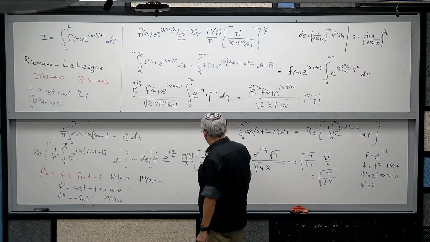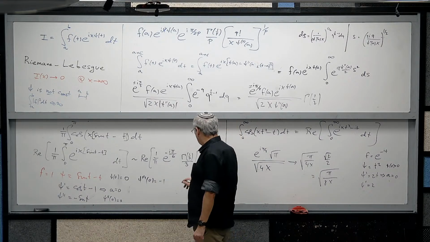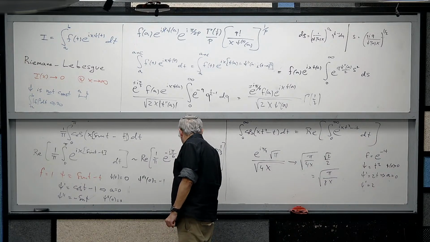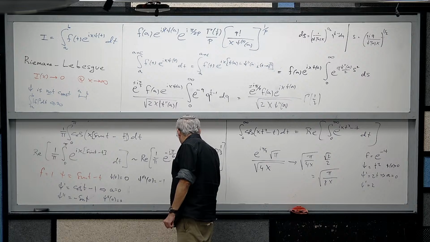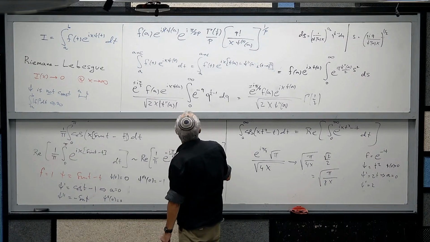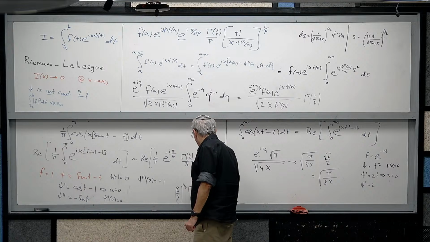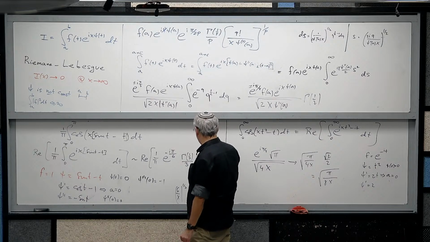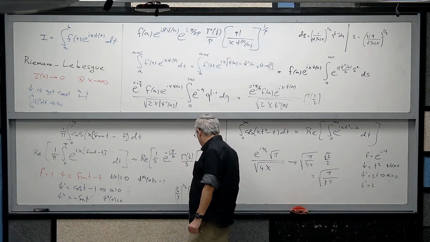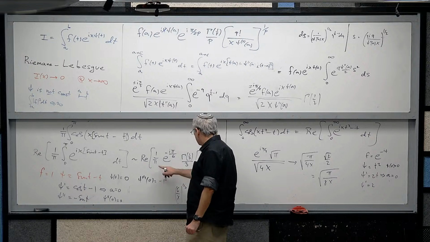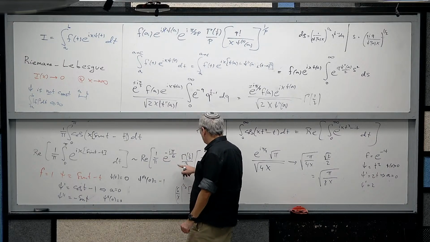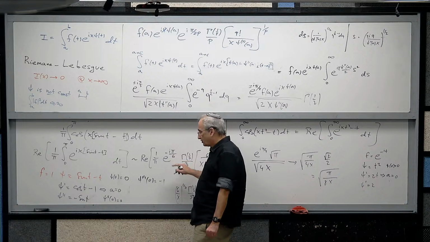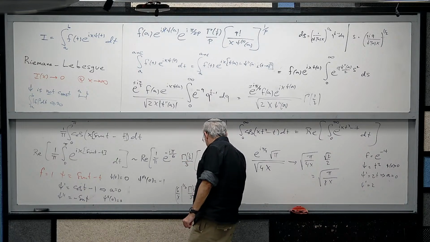Okay, let's see. What we obtained here, all in all, is 6 over x to the power of 1/3, gamma of 1/3 over 3, times, and we have the pi here, and we want the real part of that, which is a cosine of pi over 6.